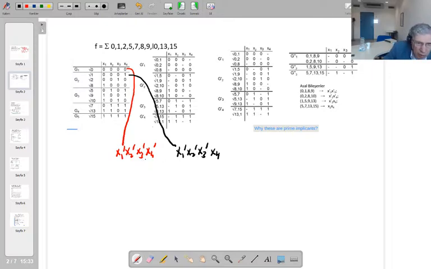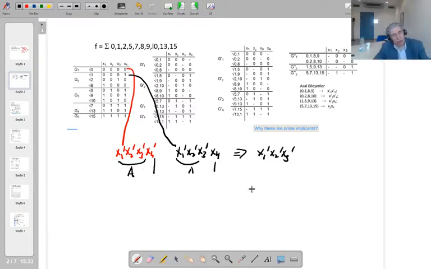Why is that? Because I can consider this is a capital A, and one variable is changing. This variable is going to disappear, and what's going to be left is x1 prime, x2 prime, x3 prime. This is one variable elimination operation.